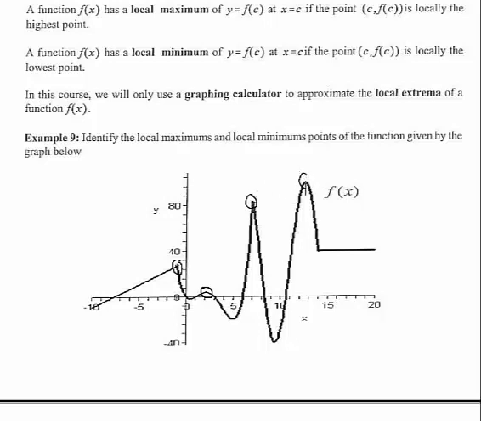For instance, if you were to stand on the top of any one of these points that I just circled, and you look to the left and you look to the right, then you would see that the curve is decreasing on both sides. Okay, and that means that all of these points are what we refer to as local maximums.